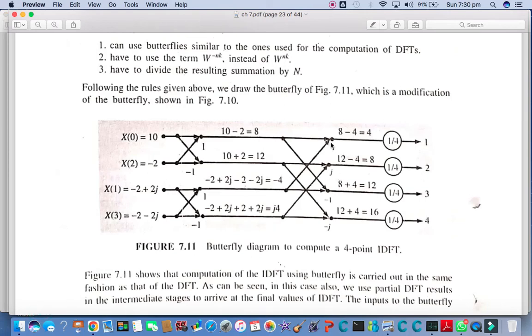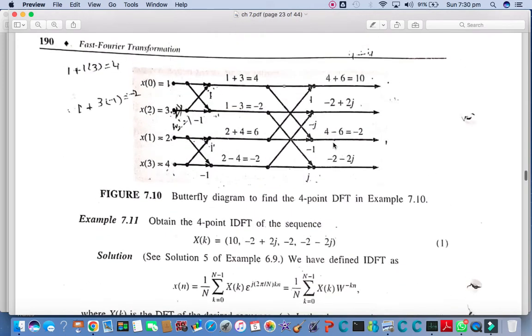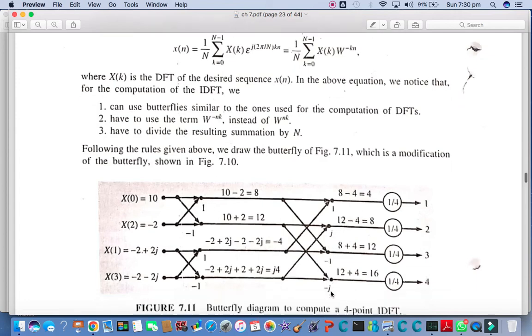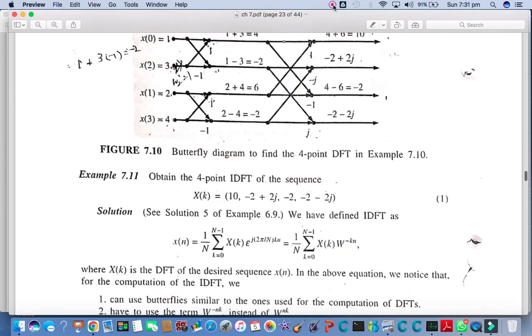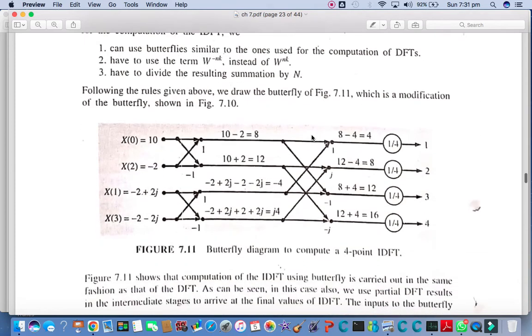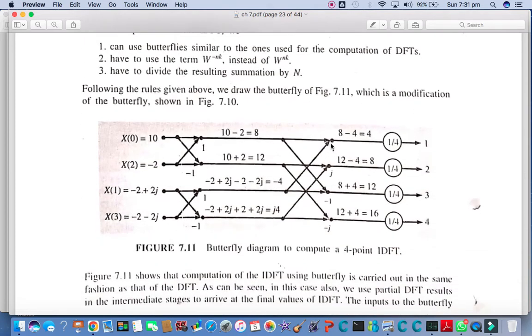So you can see over here that we have W0, W1, W2, W3.